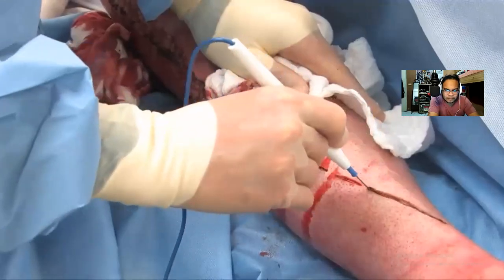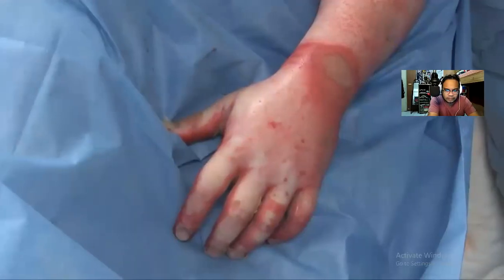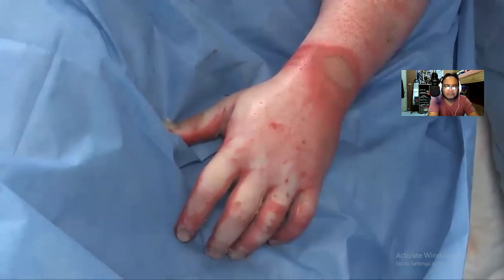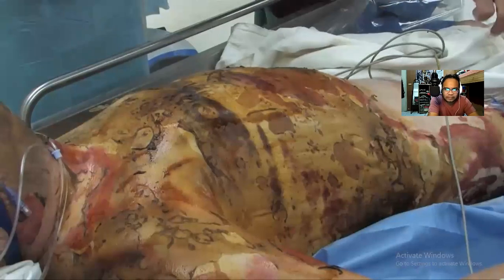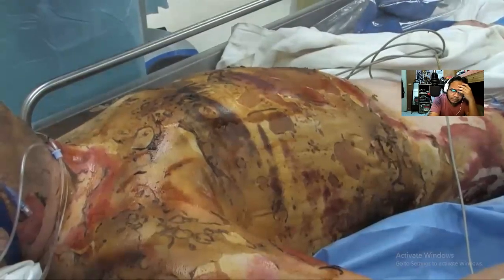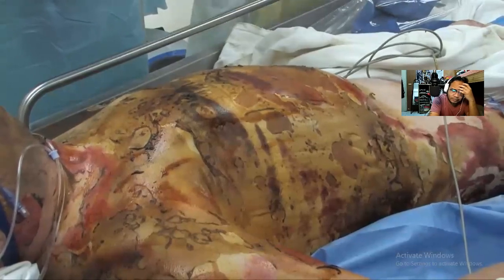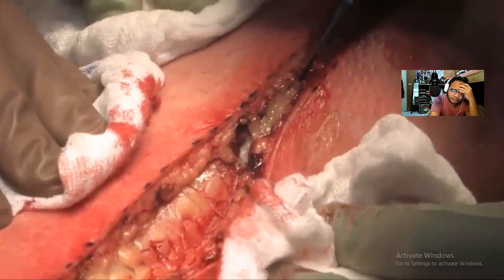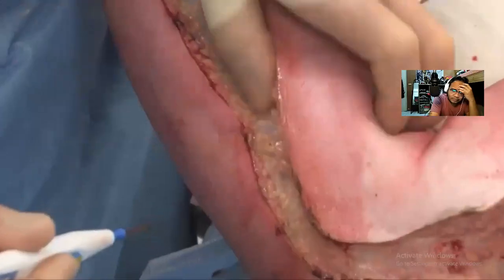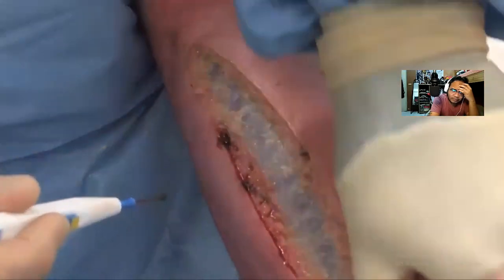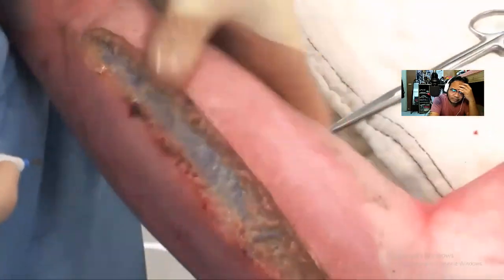Unless escharotomies are performed at the appropriate time, the pressure in the arms and legs may rise to the point that blood flow is insufficient. Similarly, deep burns of the chest may also lead to respiratory compromise as the chest rise and fall becomes restricted. An escharotomy is an incision made through the eschar, or burned skin. This is done to allow the burned skin to spread apart and allow expansion of the underlying swelling tissues.